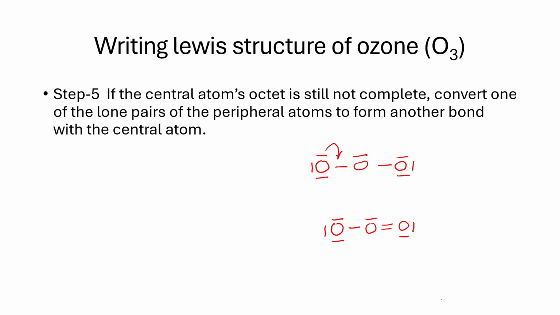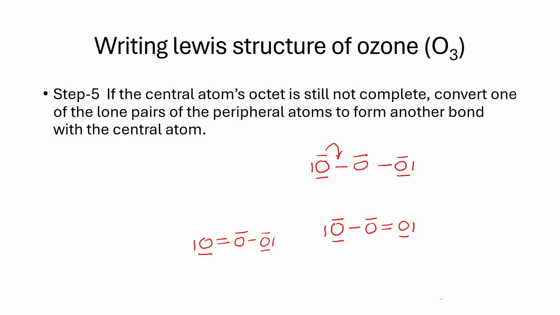So the other structure that we could have had was this. Now, when we look at both of these structures, we have accounted for all the 18 electrons and the octet of the central as well as the peripheral atoms is complete. So, this is the Lewis structure of an ozone molecule.